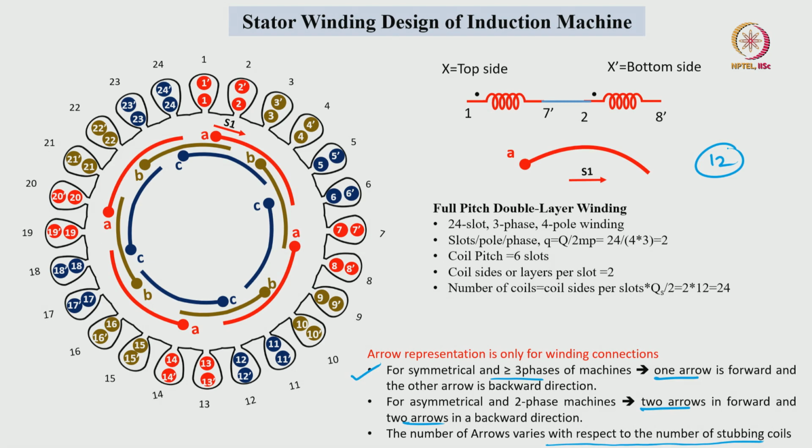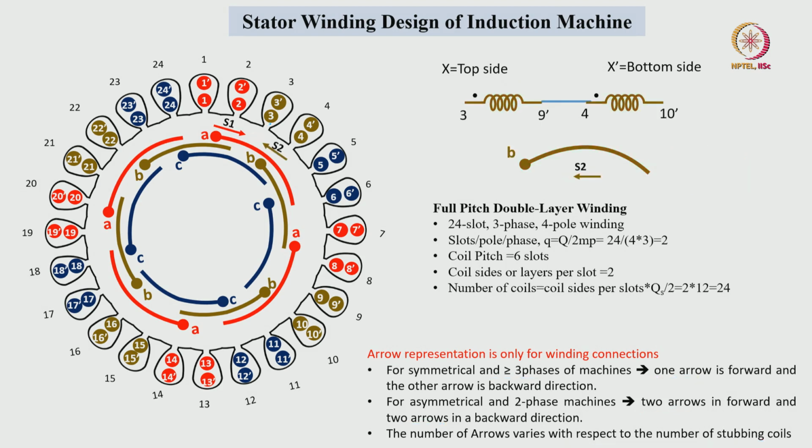In this example we have 12 stubbed coils. Each stubbed winding consists of 2 actual coils related to that particular phase winding. So first stubbed winding I am representing with arrow in this fashion, that is S1, we can see here. Next S2 with respect to the next stubbed winding, here we can see S2.